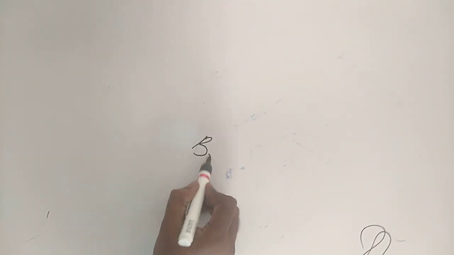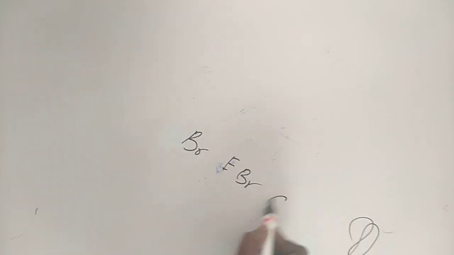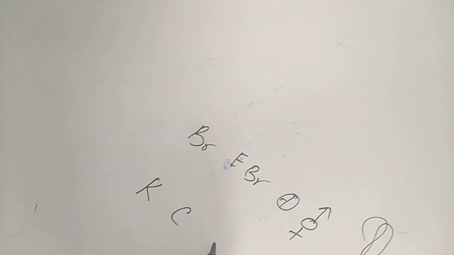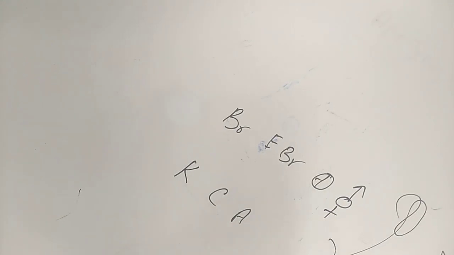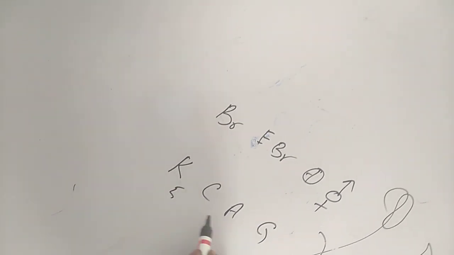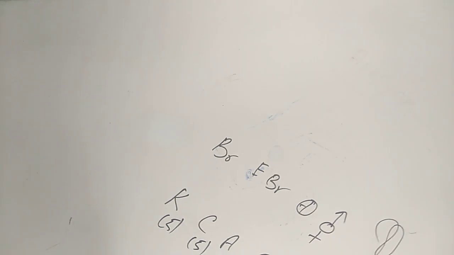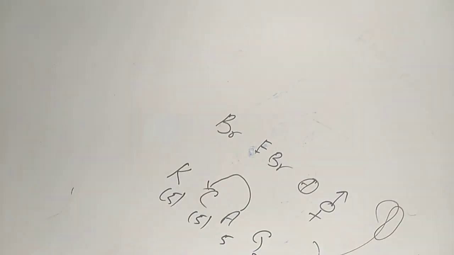The floral formula is like this: BR, EBR, actinomorphic, bisexual, K5, C5, A5, carpels are 2. Calyx fused together, corolla fused together, androecium stamens are free, and androecium is attached to the petals. This condition is called epipetalous condition.